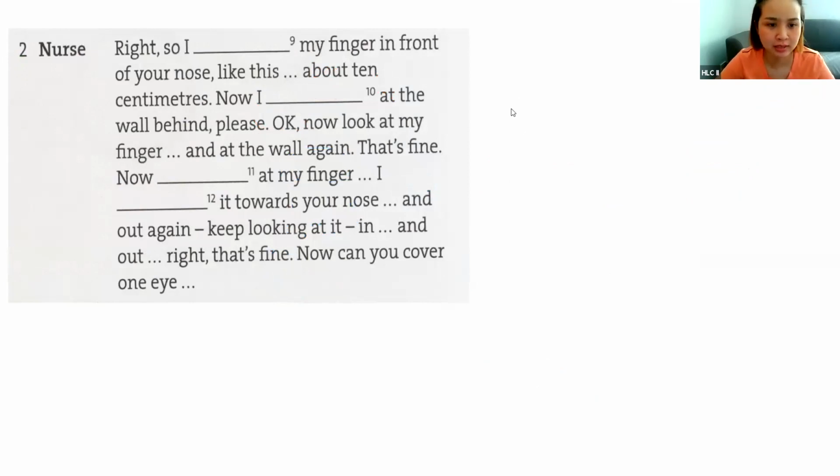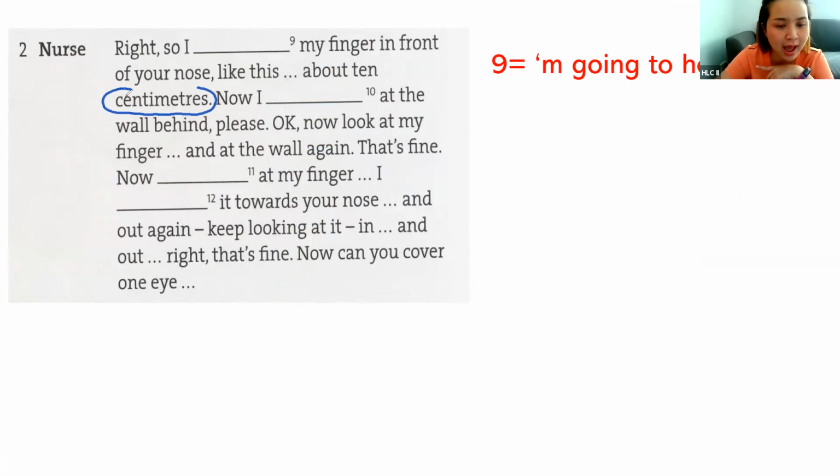And the last one, situation 2, number 9. I'm going to hold my finger in front of your nose, about 10 centimeters. Okay, again, I'm pointing this word out because in Thai it's pretty normal for a Thai student to say centimeter, even when they're speaking English.